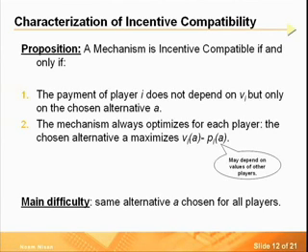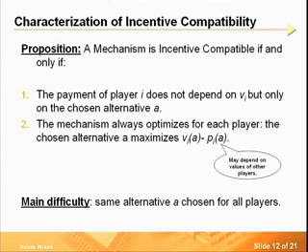That's the only way in which the payment can depend on what he says. If I say two different things and the same outcome results, the same allocation results, then it must also be the case that I pay the same amount in both cases. Otherwise, the motivation for manipulation is completely clear. I will just say the thing which makes me pay less. So this is the first condition on payment.